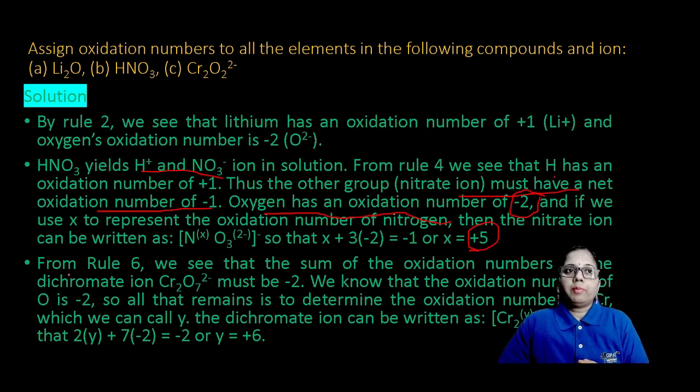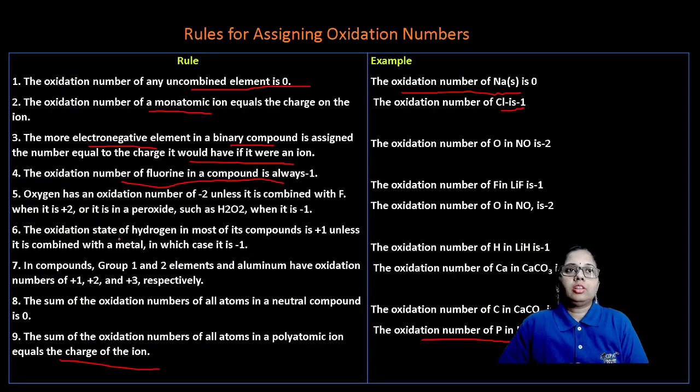From rule 6, the sum of the oxidation numbers in the dichromate ion, Cr2O7 2-, must be -2, right? The oxidation state of hydrogen in most of its compounds is +1, unless it is combined with a metal, in which case it is -1.